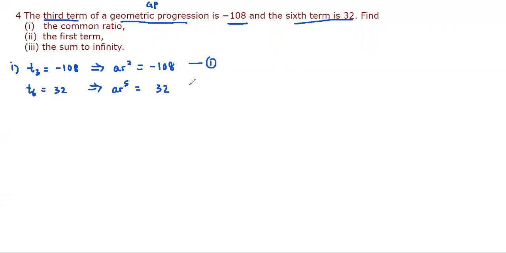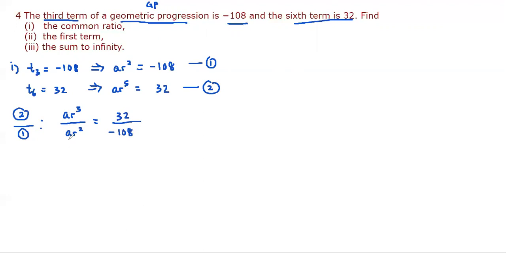This gives you two equations, 1 and 2. In order to find the common ratio, you divide equation number 2 by equation number 1. So ar to the 5 over ar squared is given by 32 over negative 108.